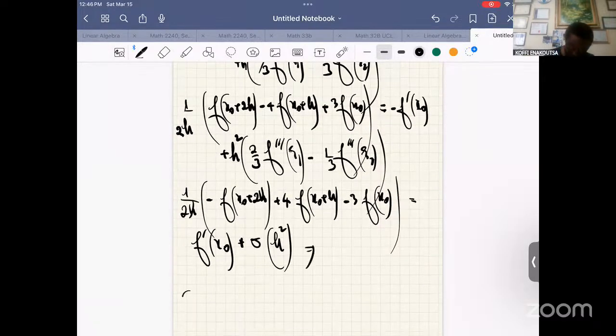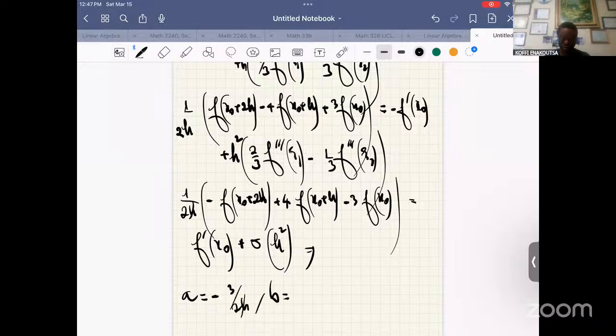So this implies that the value of a is minus 3 divided by 2h.